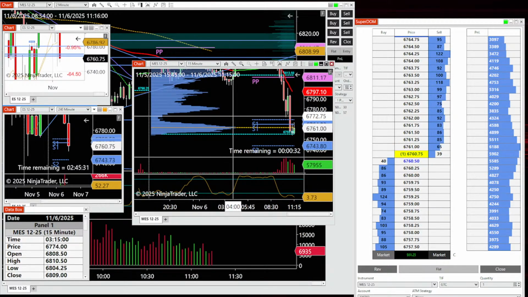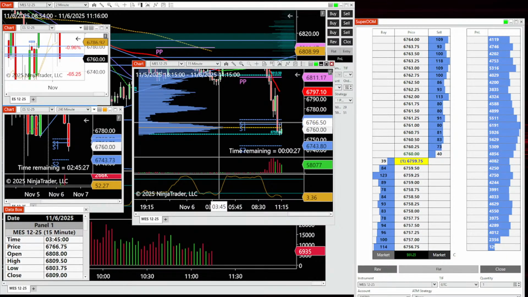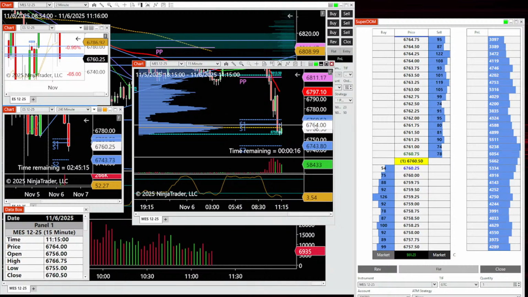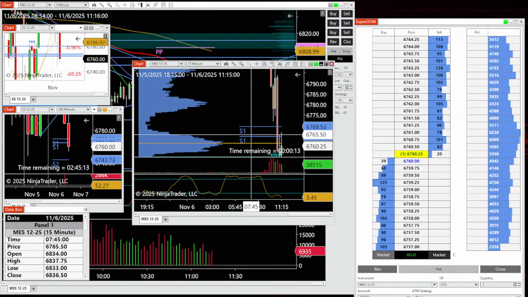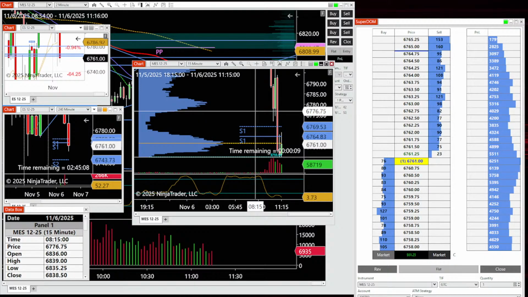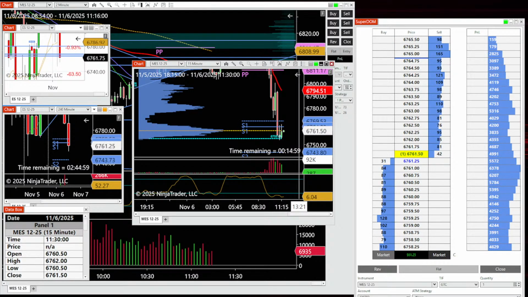On the 15-minute chart, on the volume profile, we went 65 or 67, and went up here to 76. In this area, we got a trade that could happen here. $66 to 76. 66 to 76.